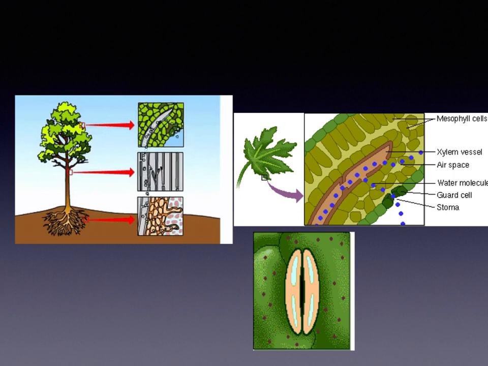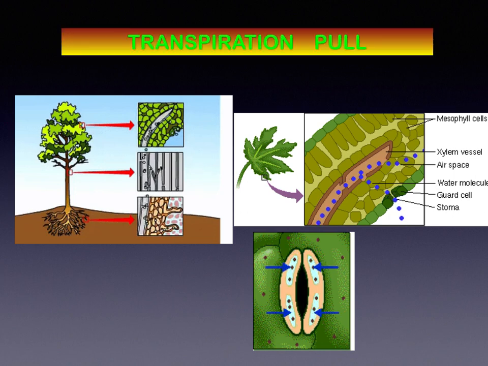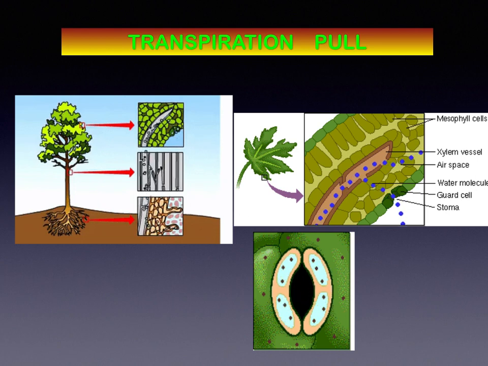These cells control the opening and closing of stomata. Transpiration occurs through these stomata. Water is released into the atmosphere by leaves through the process of evaporation.